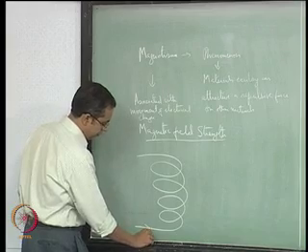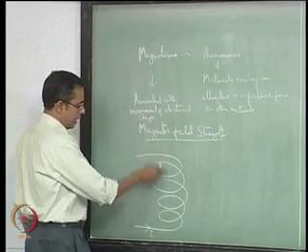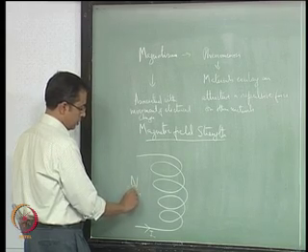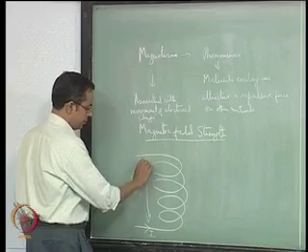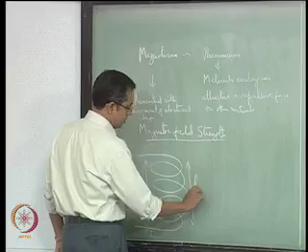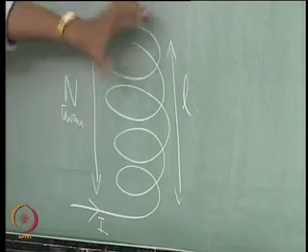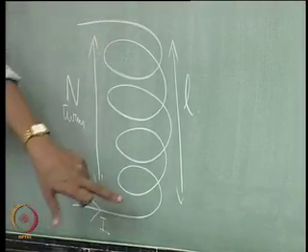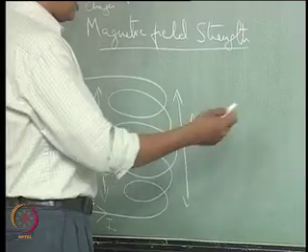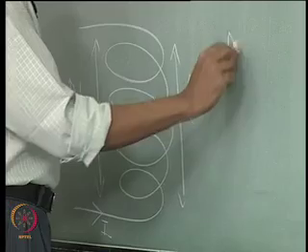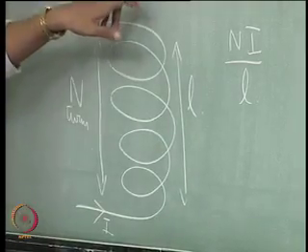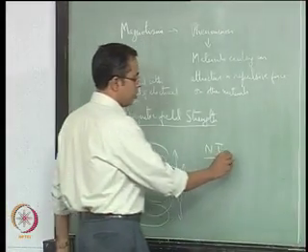So a current I goes through this, and let us say there are n turns in this coil, and the length is L. Along a length L we have n turns of this coil and a current I going through that conductor. When you do this we get a magnetic field strength which is simply n times I by L. This is the quantity which we are calling the magnetic field strength. It is denoted by the letter H.